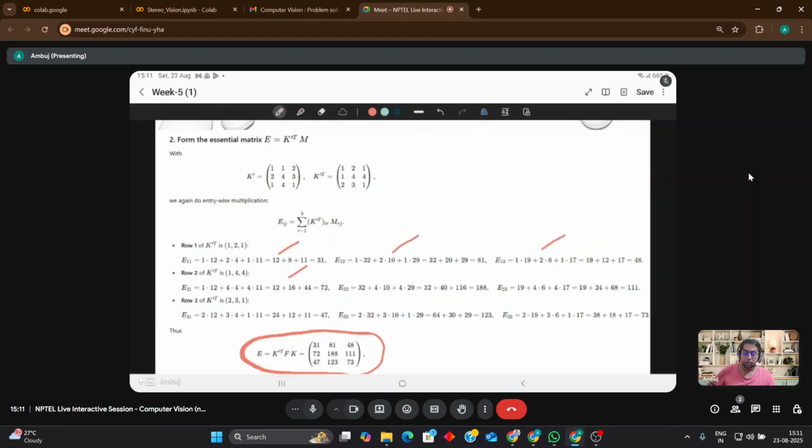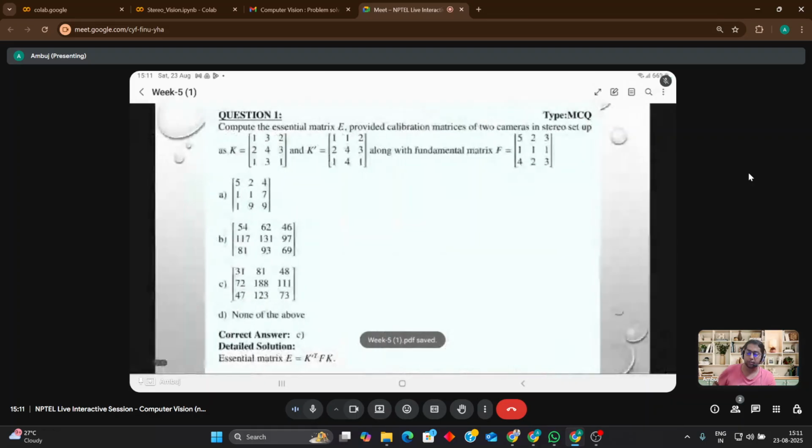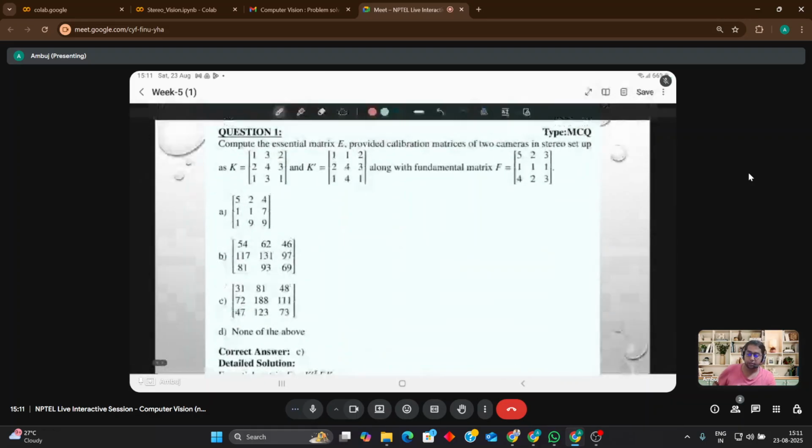My sincere advice to you is, if options are given, see in this particular question, just by looking at the options, they are very distinct. This element, this element, this element, these are very distinct.